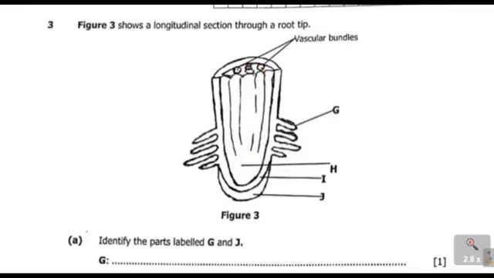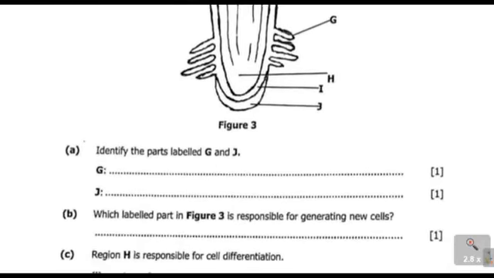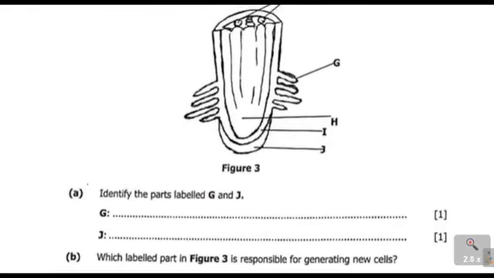So we are going to start with question A right here. Identify the parts labeled G and J. So when you look at the diagram, we have the part labeled G right here, and this part is called the root hair.